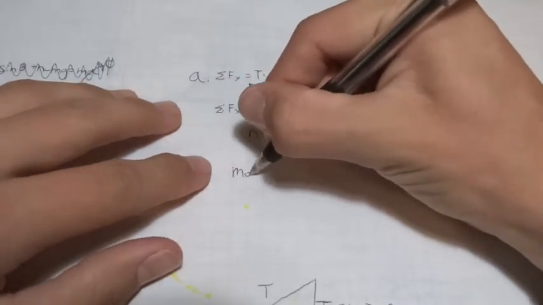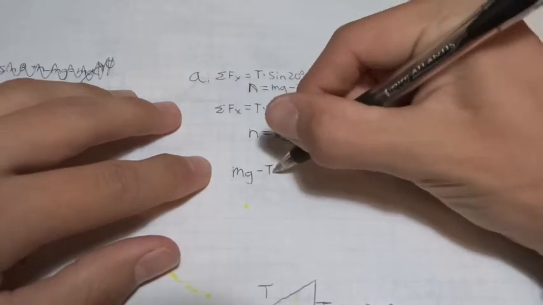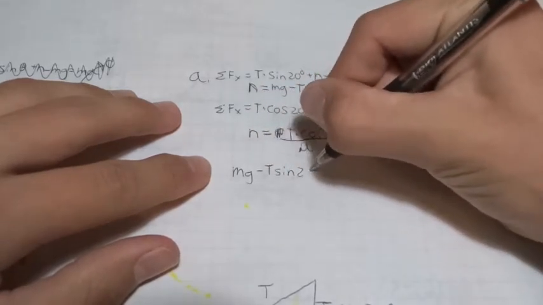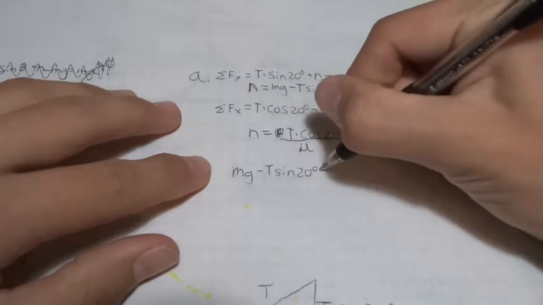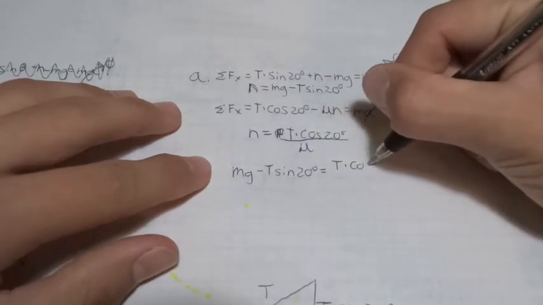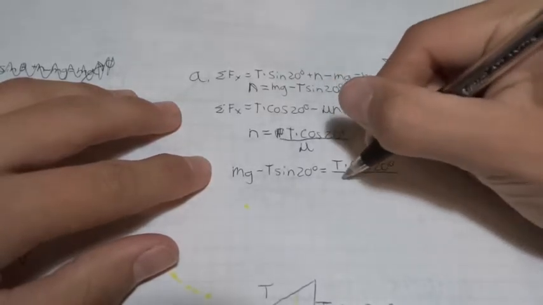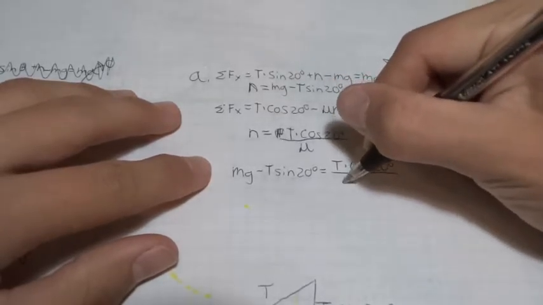So mg minus tension sine of 20 degrees equals tension times cosine of 20 degrees over mu.